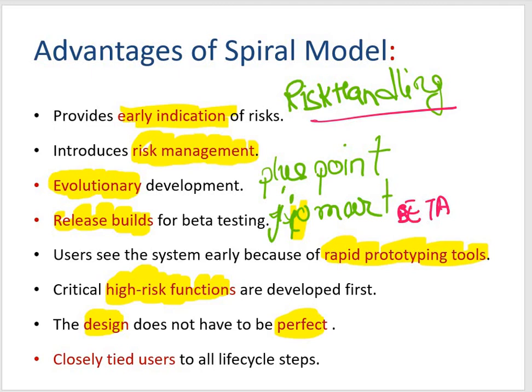And since it is iterative in nature, I don't need to have a perfect design in this case, because I know it is iterative, and whenever it is iterative, we call a particular software development model flexible as well. Because design does not need to be perfect, because I know that in several iterations I'll improve my design, and just because I'll be getting several inputs from the customers as well, over a period of time my design will improve.